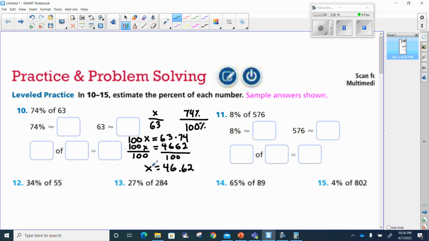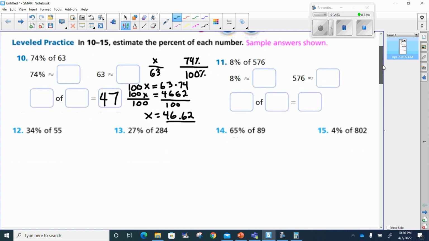All right, there's no estimating there. If you want to give an estimate, you would round up here and you would get about 47, right? So it says estimated percent. I would go ahead and put my answer, if I'm estimating, as 47. Okay, but the actual answer would be 46.62. I'm going to go ahead and go with either one of these answers when you turn it in.